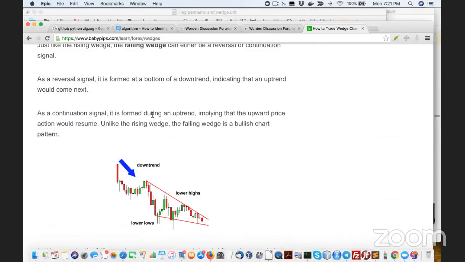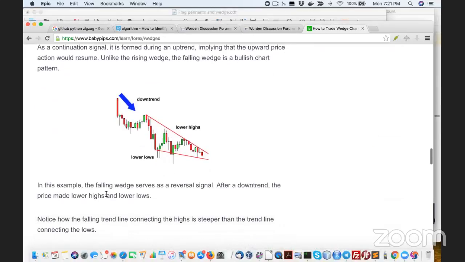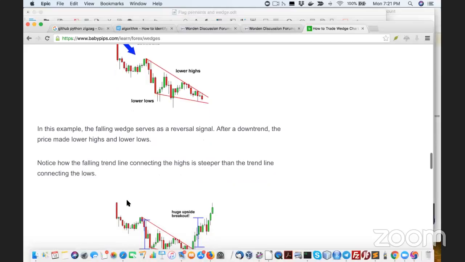And again, there are various reasons for it. So here in this example, lower highs, lower lows can be, I'm going to stress the word can, a bullish condition. And it's a reversal condition. After a downtrend, the price made lower highs and lower lows.